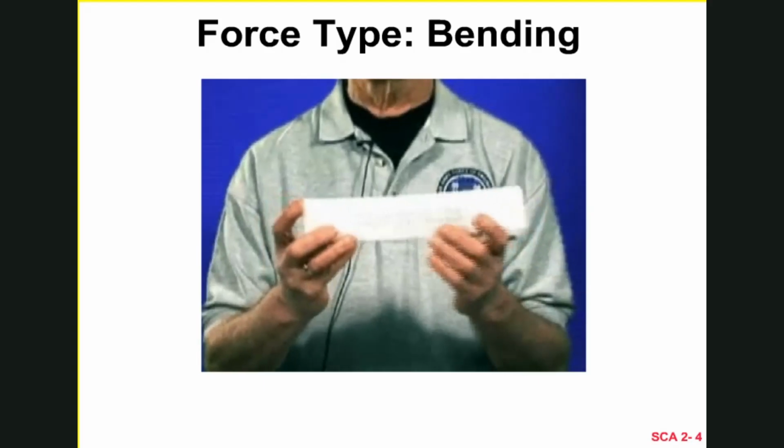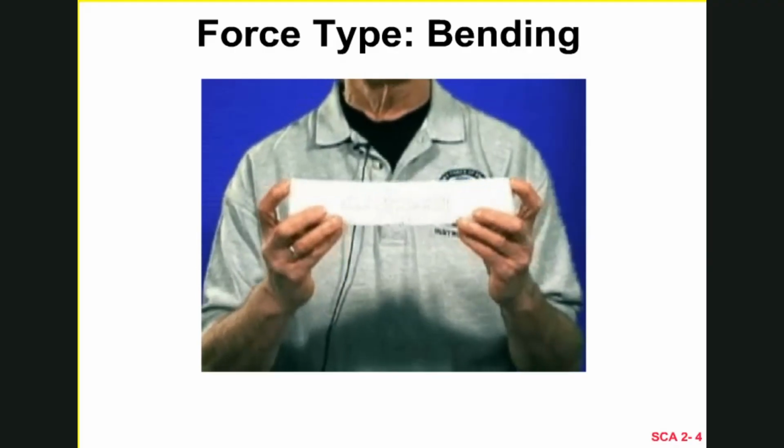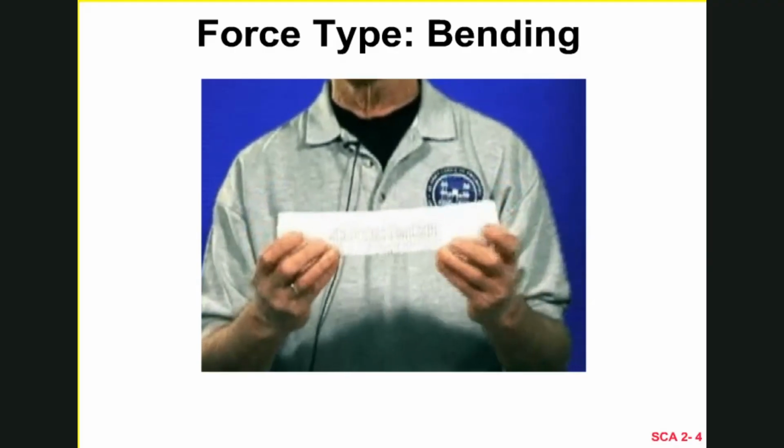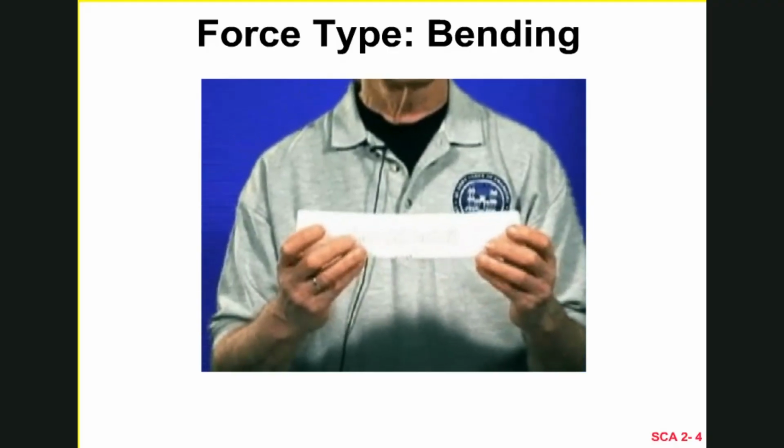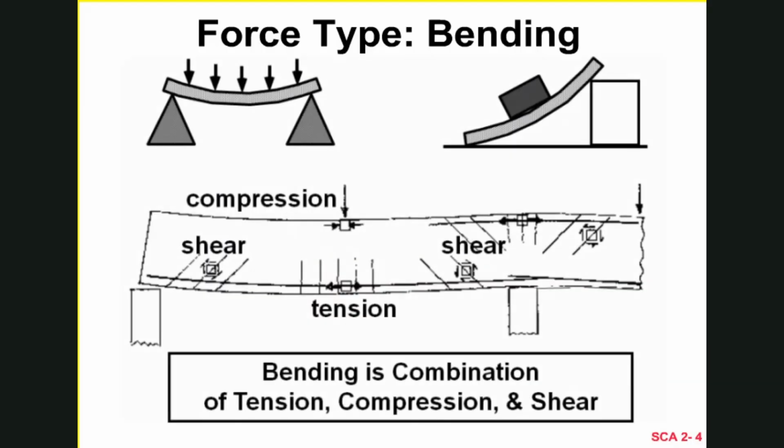And when a structure has been loaded extremely, what we'll see is a pattern of cracking that you see in the slide: vertical cracking towards the center of a span, and diagonal cracking towards the end. And the cracking in itself is an indication that the structure has been loaded extremely.